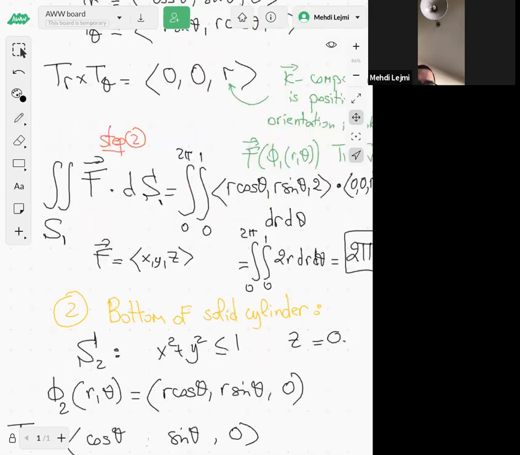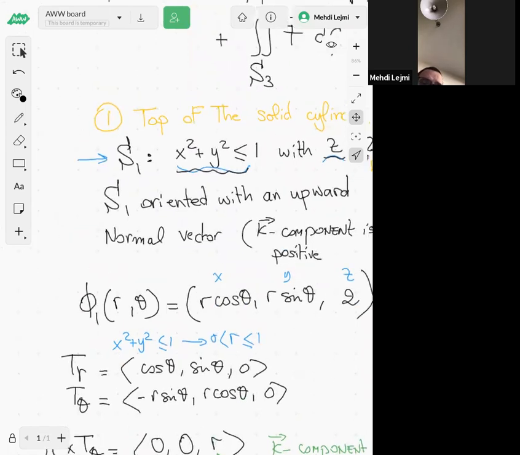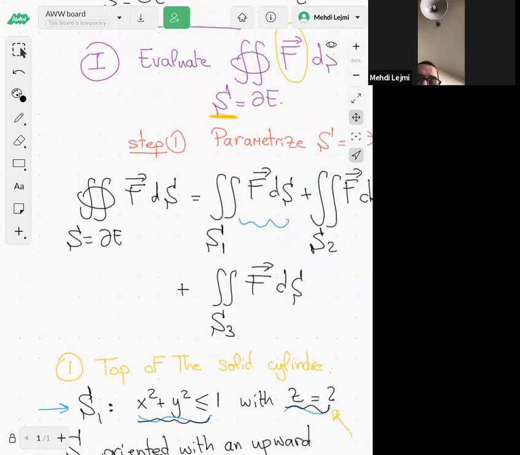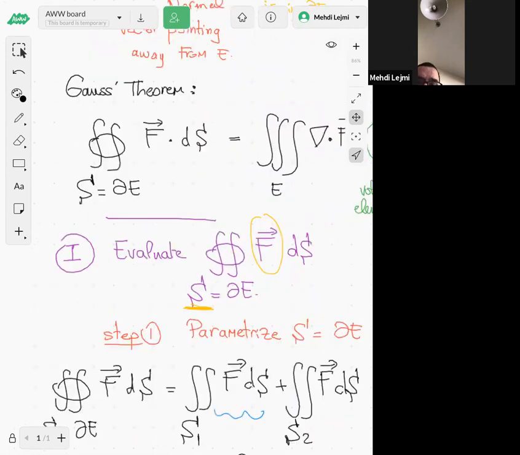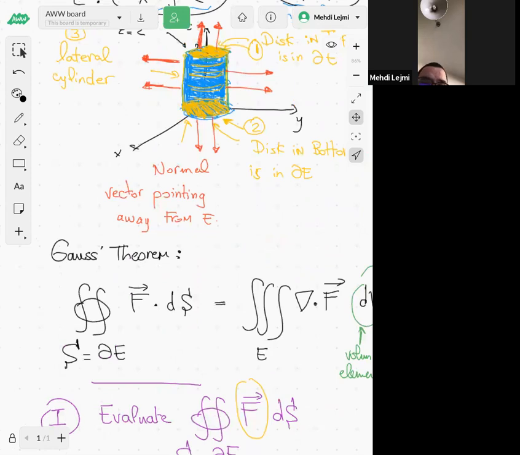So now we have to check the orientation. Let's see if the induced orientation by the parameterization is the same as the one required by the Gauss theorem. So by Gauss theorem, we need to orient the bottom downward, so it's pointing away from E. You see this normal vector, it's a downward normal vector, which means that the k component, the component in the direction of z, is negative.